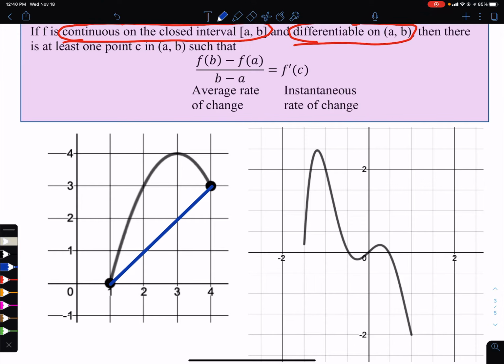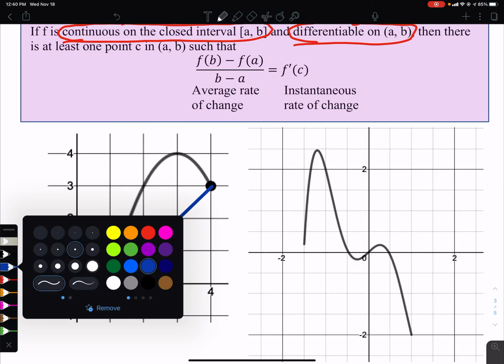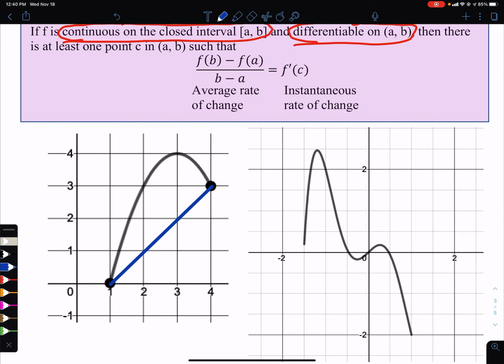So the slope of that line, let's look at it. This is a review of what we did early on. So we have a run and we have a rise.